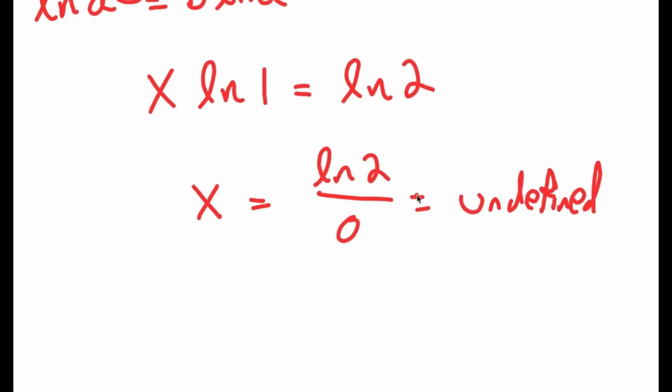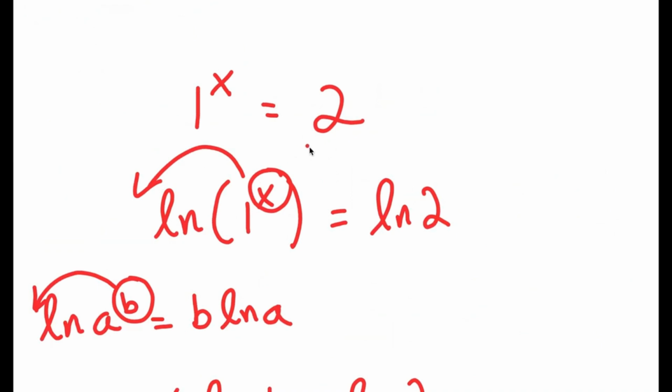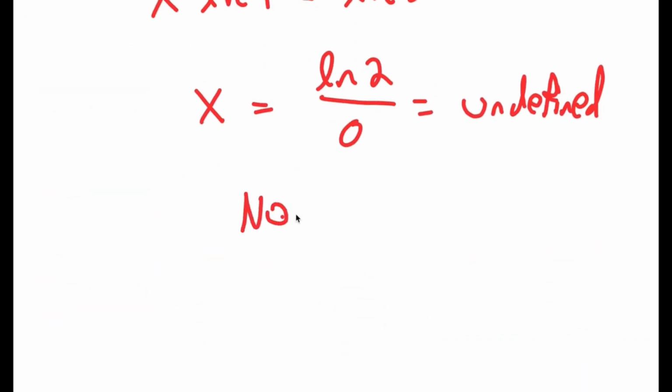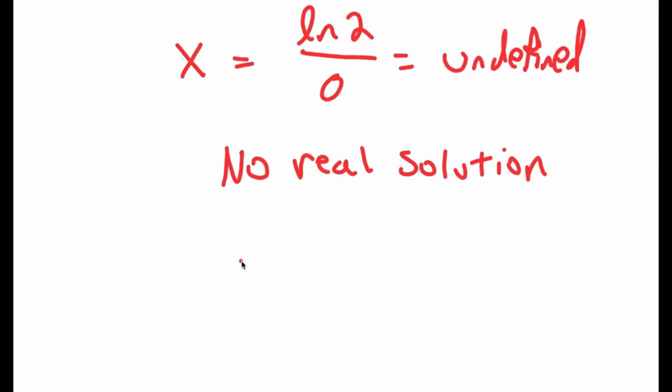So we know that this equation has no real solution, but it could still have imaginary solutions. To actually solve this, I'm going to use something known as Euler's formula.